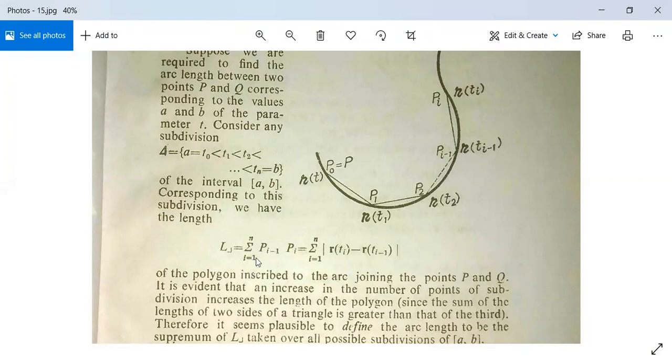This is equal to summation i varying from 1 to n, P(i minus 1) to P(i). तो P(i minus 1) to P(i), ये लेंथ को हम कंसिडर कर रहे हैं, and this is equal to summation i is equal to 1 to n modulus of r(ti) minus r(ti minus 1). ये जो आर्क लेंथ है इसका क्या होगा, P(i minus 1) P(i) का लेंथ क्या हुआ, वेक्टर वाले नोटेशन से देखो तो it will be r(ti) minus r(ti minus 1), position vector of this minus position vector of this और उसका मॉडुलस ले लेंगे, of the polygon inscribed to the arc joining the points P and Q.